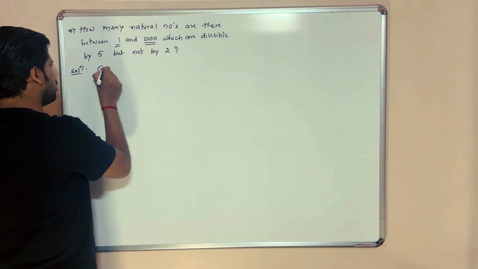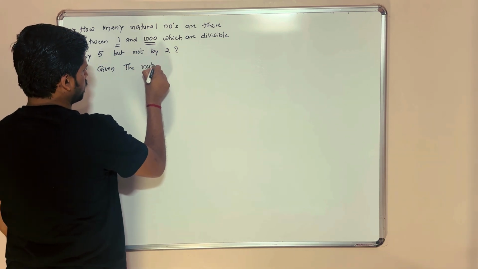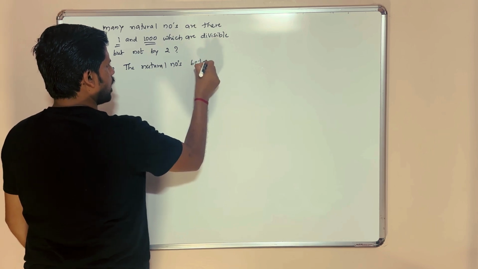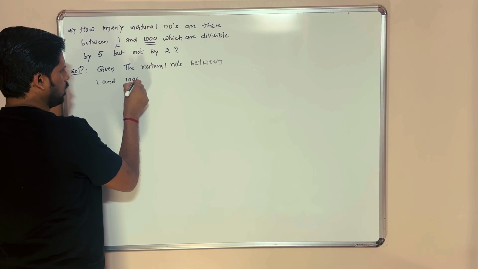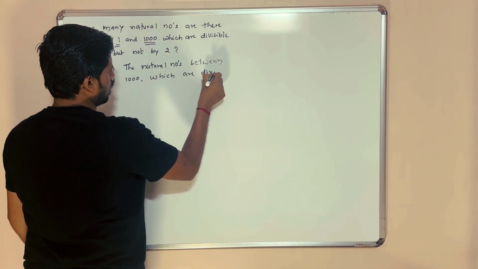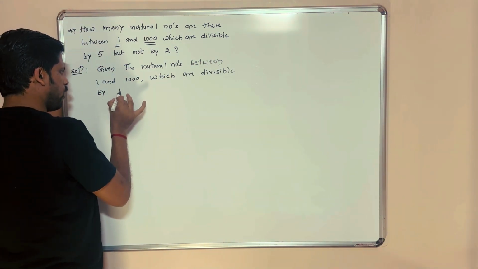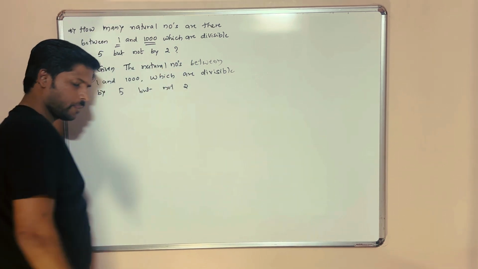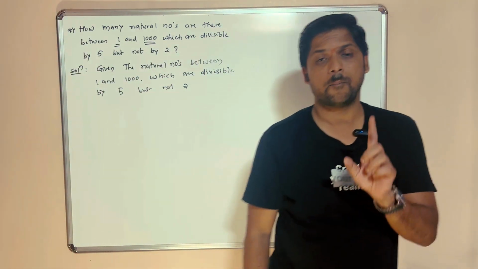Here, given the natural numbers between 1 and 1000 which are divisible by 5 but not 2. So only we have to collect the numbers which are divisible by 5 but not 2.